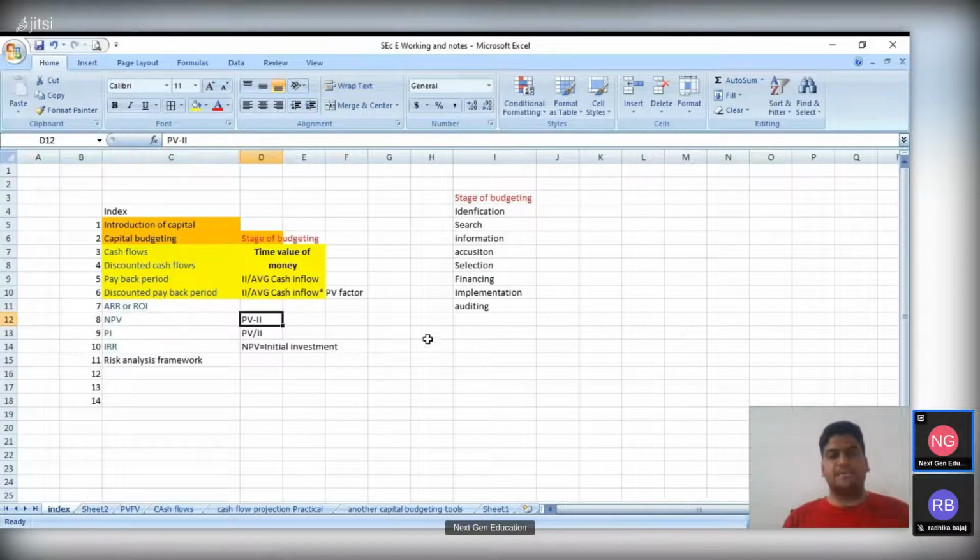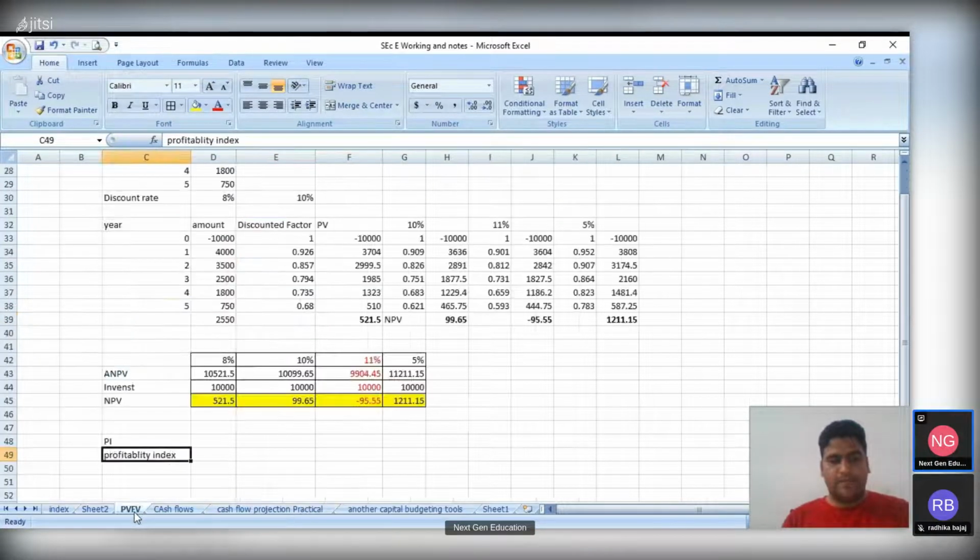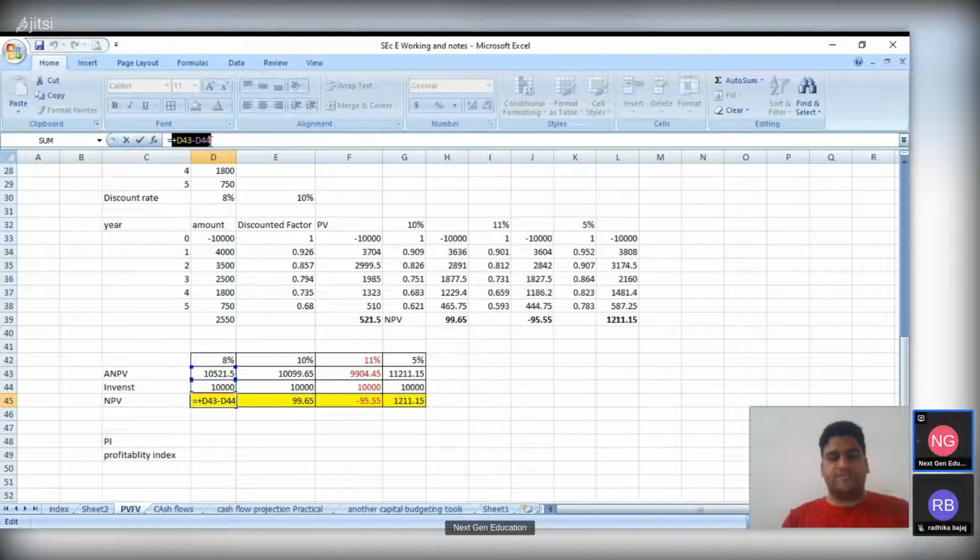NPV formula is all the present value minus the initial investment that we have made; all the present value minus initial investments, we get NPV, right? This is my formula bar. You can check. Initial investments we are deducting from annual generating cash flows.